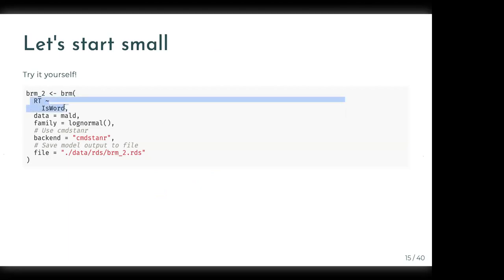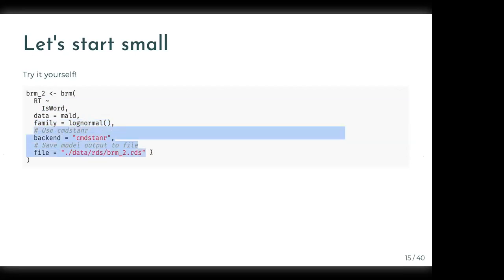And this time I'm just doing reaction times as a function of is word, so whether the word was a real word or not. And family, again, I'm using the log normal family to tell brm that reaction times are distributed according to a log normal distribution.